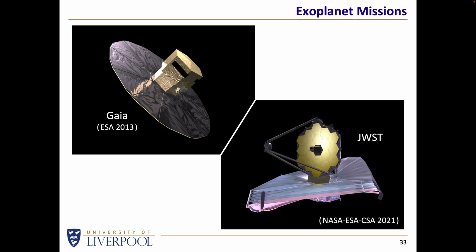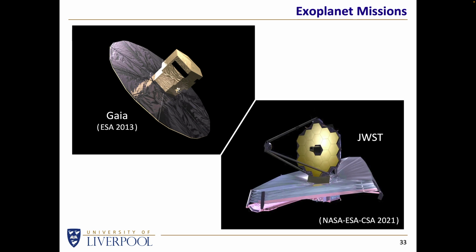But it did that with such phenomenal precision. The positions of stars were measured to something like 10 micro arc seconds. The precision of Gaia's measurements is equivalent to measuring the width of a human hair at a distance of 1,000 kilometers.